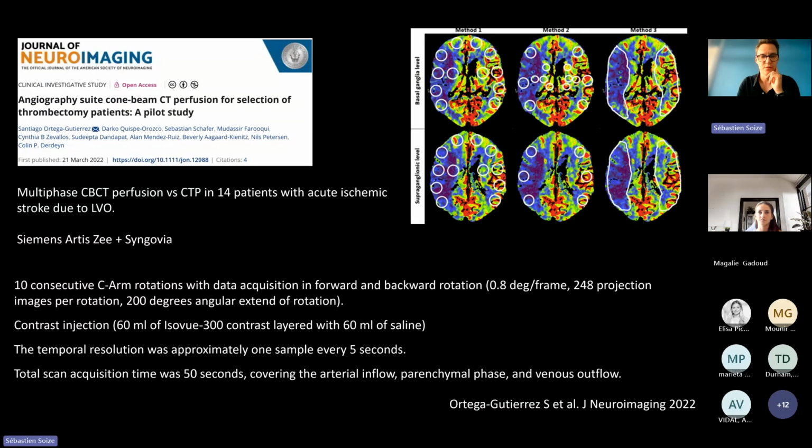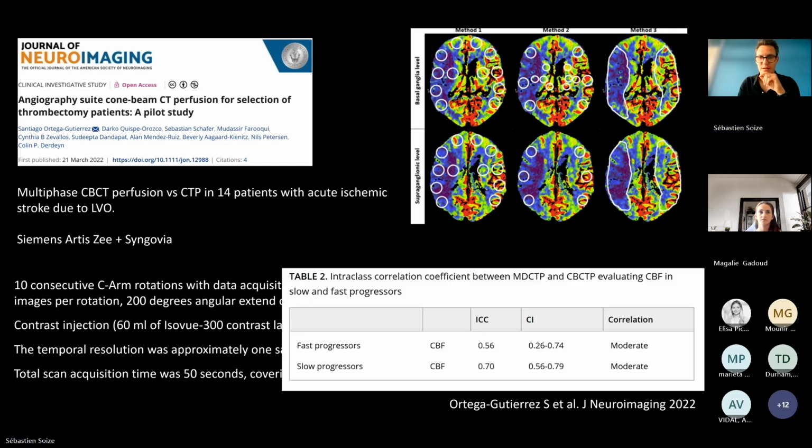Almost all the studies were done on Siemens machines, more or less old machines. This one is from 2022, and you got a small number of patients in this study. And as you can see, the correlation between MD-CTP and CBCT perfusion was kind of satisfying, but still very low.